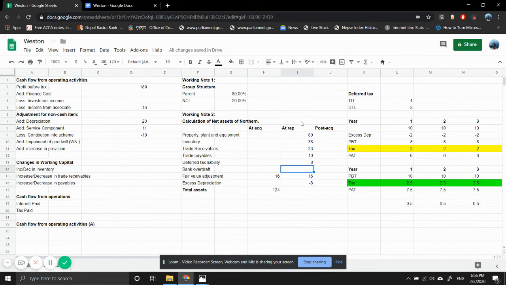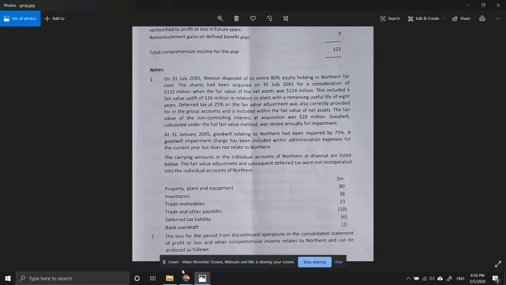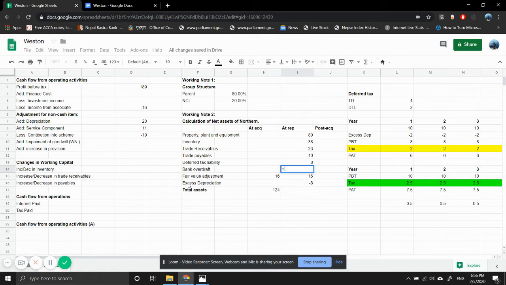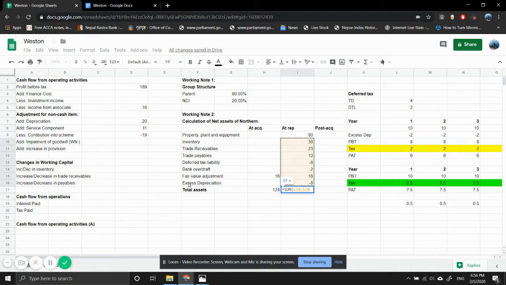Okay, so that's done. Our bank overdraft is minus 2, right? Since it is a bank overdraft, it's minus 2. Sum of all this, right? So our net assets is 149, right?